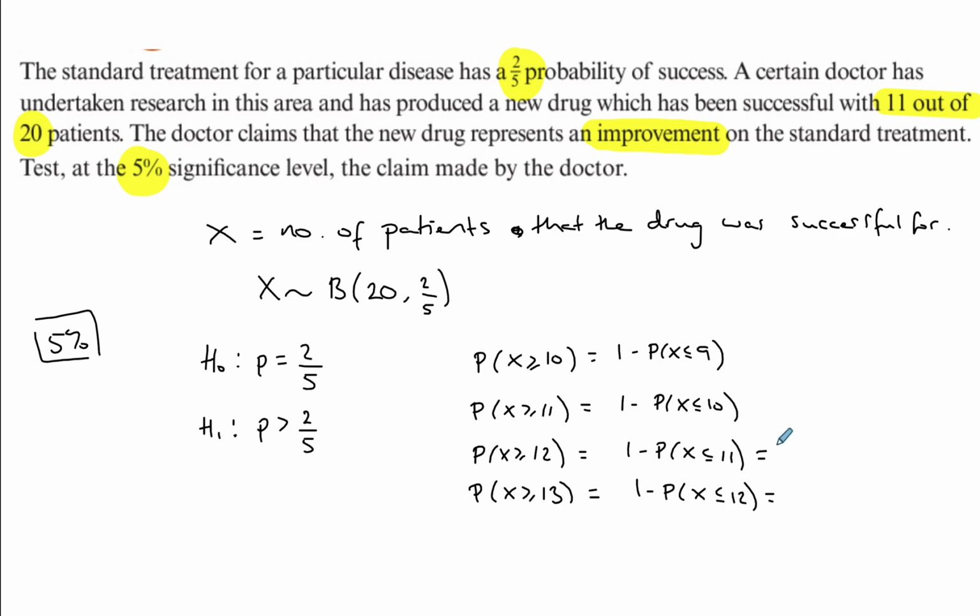This is 1 minus 0.9434, and the second one is 1 minus 0.9790.